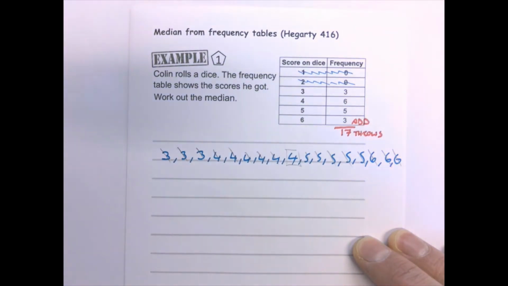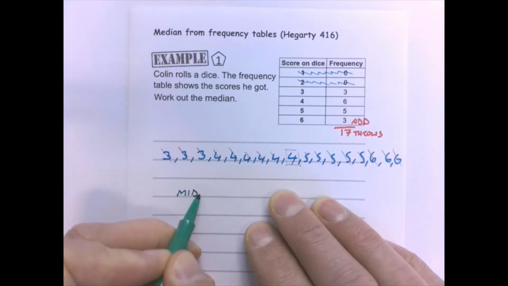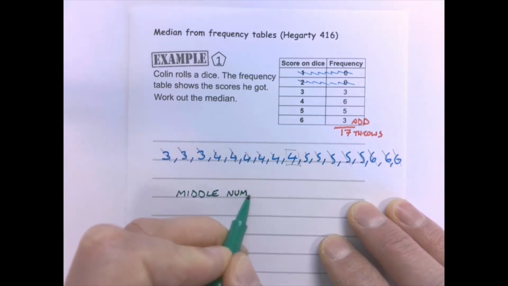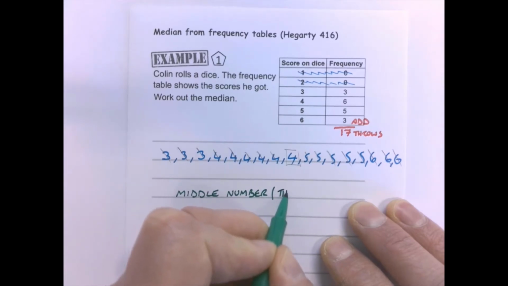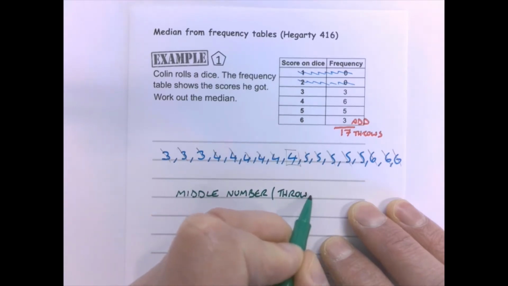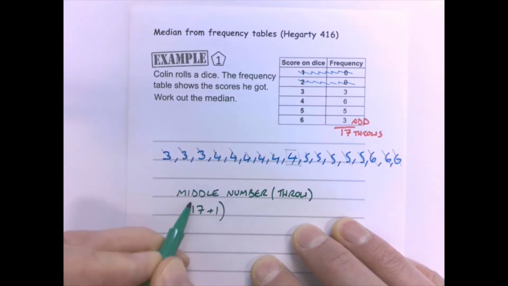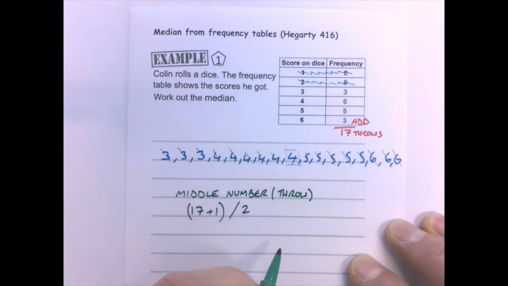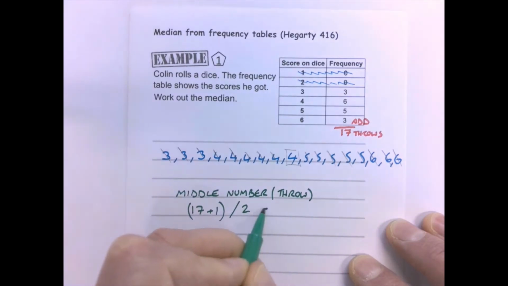So the middle number out of 17, as in the middle throw number, is going to be 17 plus 1 divided by 2, alright? So that's 17 plus 1, that's 18, divide that by 2, that's the 9th throw.